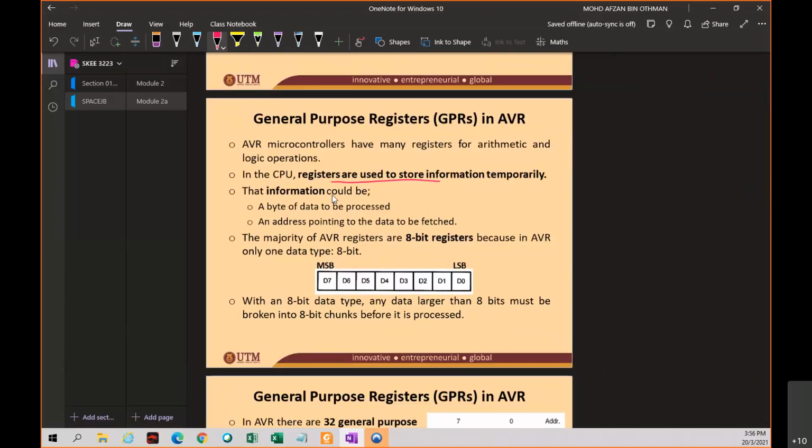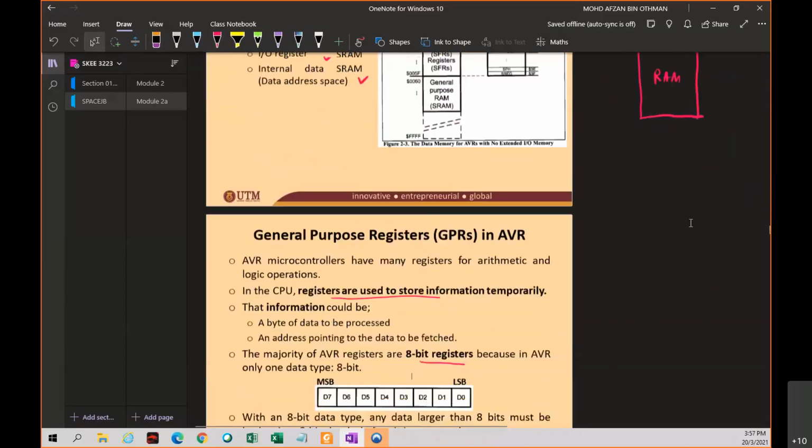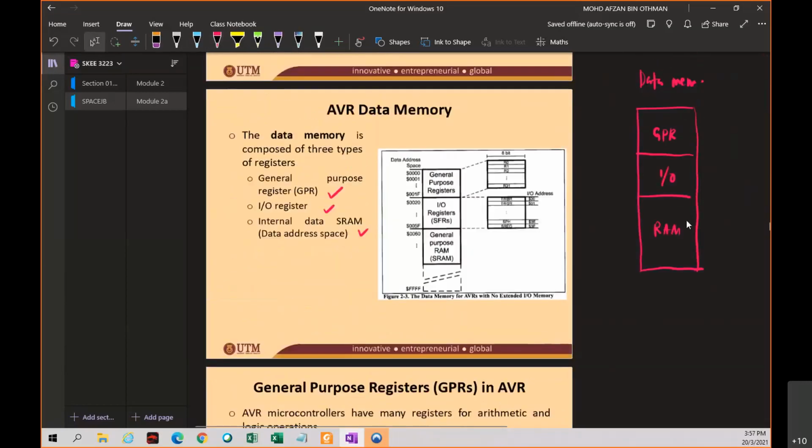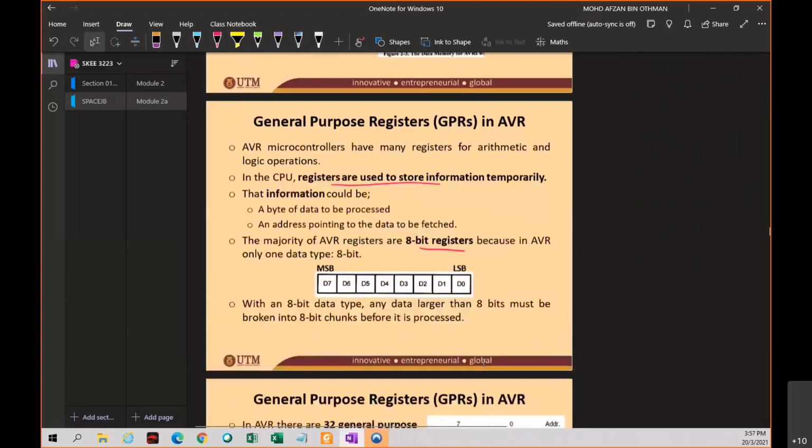The majority of AVR registers are 8-bit because in AVR there is only one data type, which is 8-bit. So kita punya data memory ni, size dia hanyalah 8-bit wide. Now we're going to see the GPR, general purpose register.